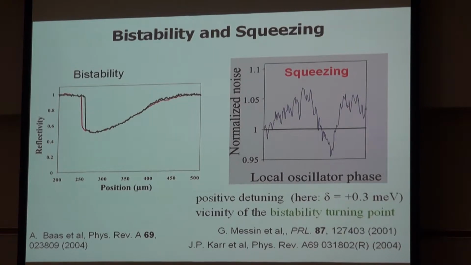We have a microcavity with a slight angle between the two mirrors, and when you move the laser position on the cavity, then you can sort of scan the tuning. So there is bistability, and close to the bistability threshold, it was actually in 2004, we observed some squeezing. Actually not very big, a few percent, but we were quite happy because it was far from being obvious.